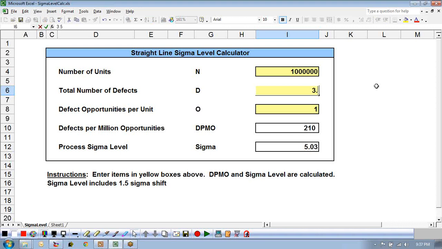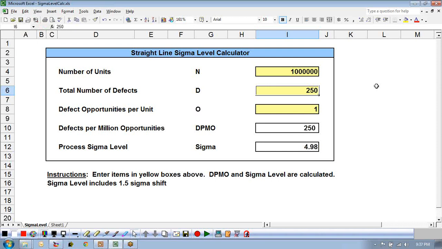Because 3.4 defects per million opportunities gives us a process sigma level of 6, and with only about 250 or so errors, we're getting something that's about a sigma level 5 process.